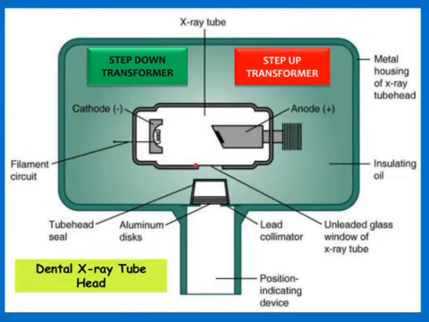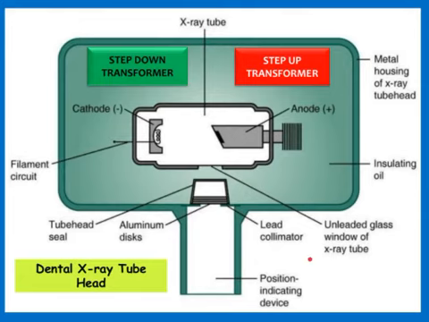We have the dental X-ray tube that we are going to discuss first. So in the dental X-ray tube, you can see there is a gray shaped area that has been marked here. That is the leaded glass tube. Now, the leaded glass tube is open at one area, which means that it doesn't have a lead lining.